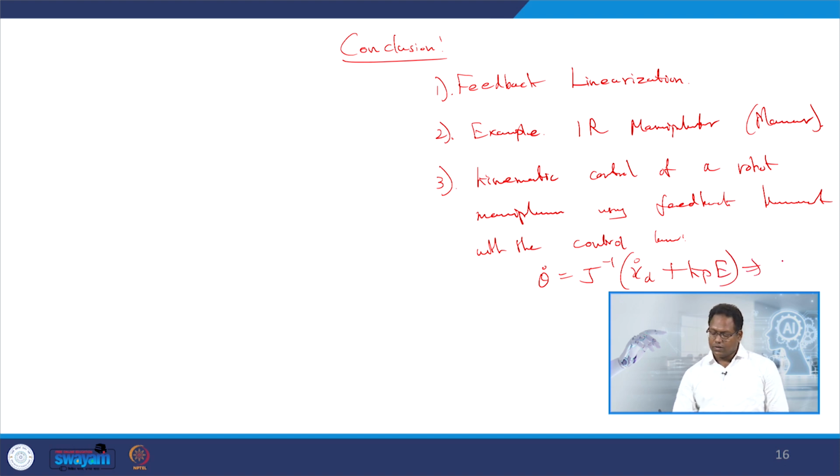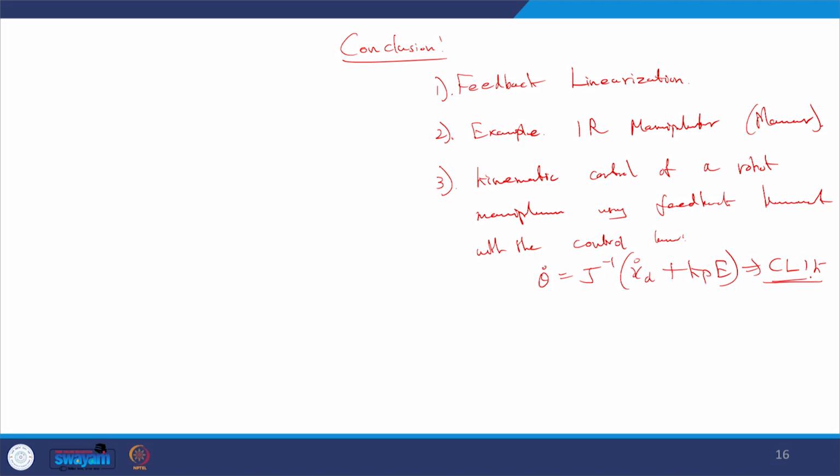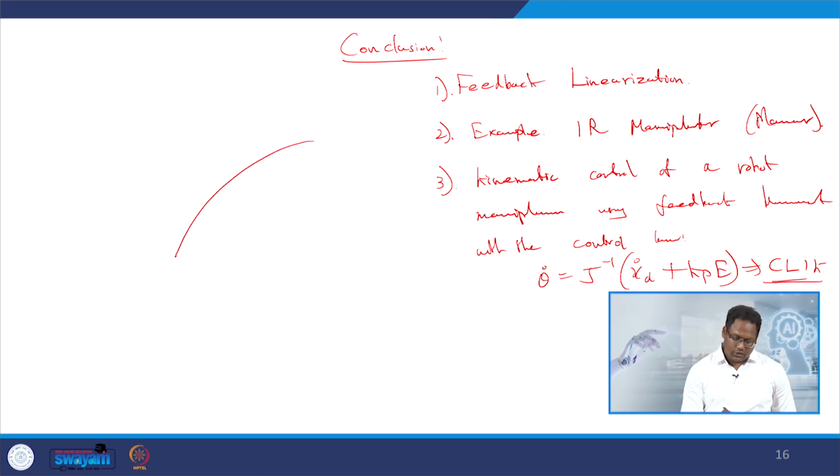This is basically the control law with the common and popular nomenclature CLIK, closed loop inverse kinematics, which makes sure that given a desired trajectory, the error between the desired trajectory and the actual trajectory in the Cartesian space is taken into account by the control law given by CLIK.